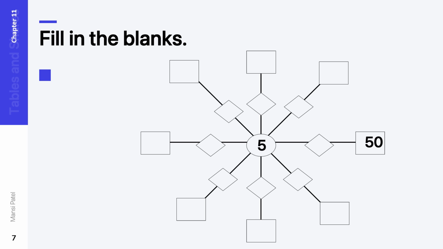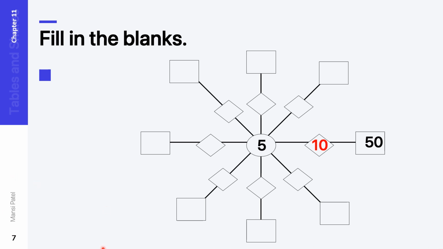Which number multiplied by 5 gives the answer 50? You have to say the table of 5, or we can say do the division of 50 by 5. So how many 5s are 50? We can say that 10 5s are 50.